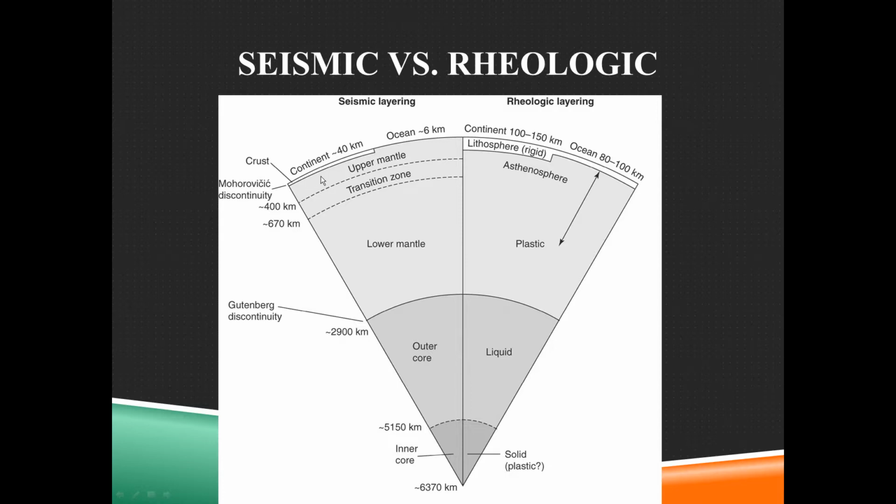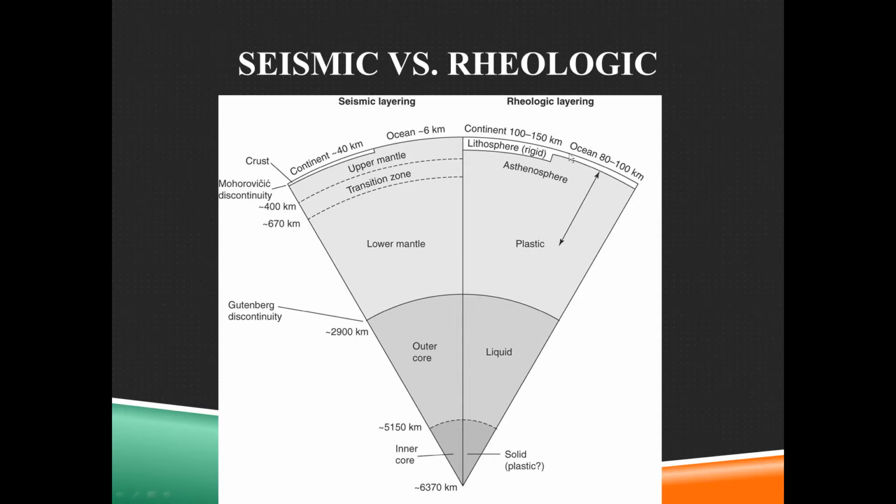And then at the bottom of that is the moho, the Mohorovičić discontinuity. Then we have upper mantle, transition zone, and lower mantle. Those are seismically defined. Then we have outer core and inner core.